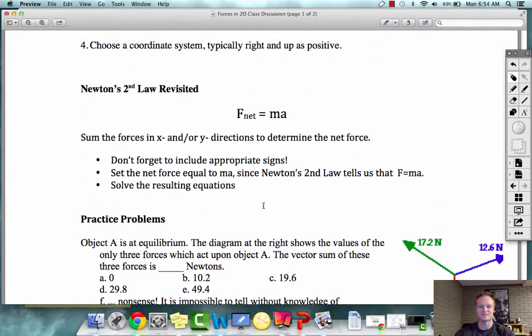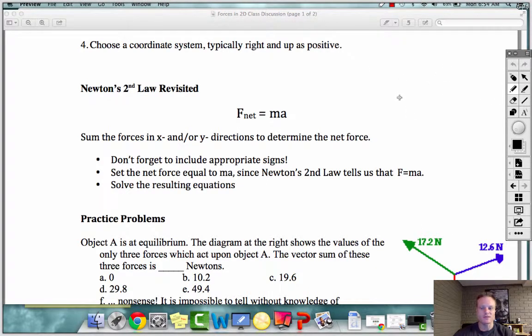Here we have Newton's second law revisited again. Remember, F net equals ma, and this is exactly the same information I gave you on the class discussion in chapter 4. The one other formula that I wish I would have thrown in here, that I just want to refresh your memory on, is to calculate the force of friction, because it shows up a lot in the worksheet that you're about to get.